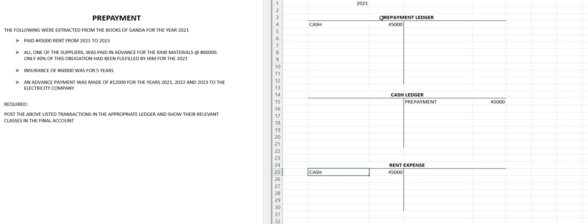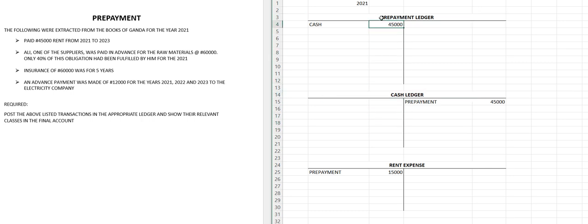Rent expense will receive from prepayment the proportion for that year. We have 3 years here and the payment was 45,000, so it's assumed to be what? Prepayment is giving rent expense how much? 15,000 naira. All right, I hope you're following.